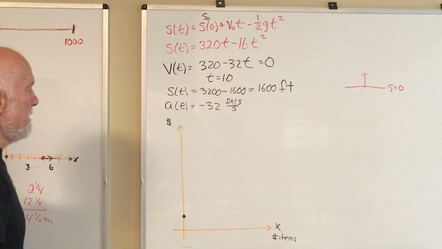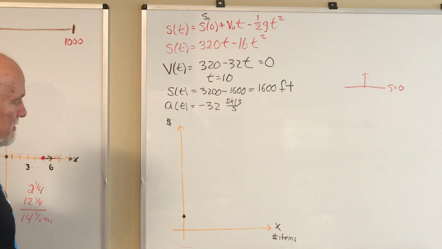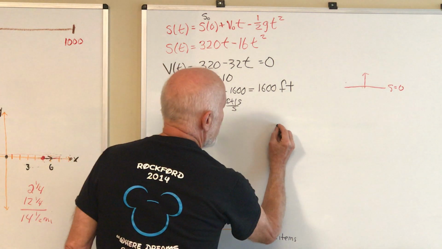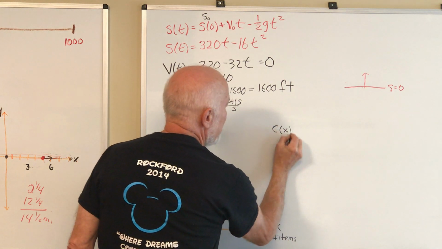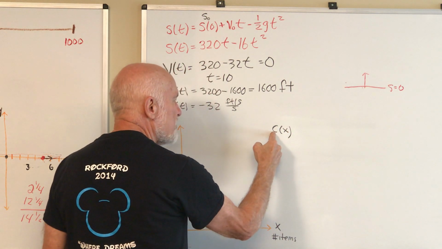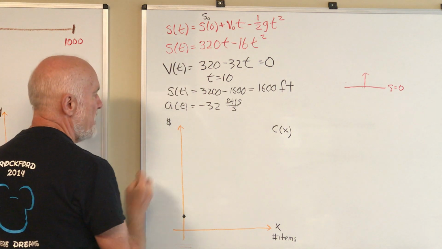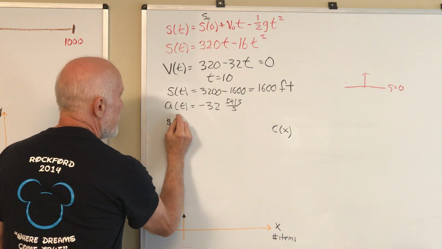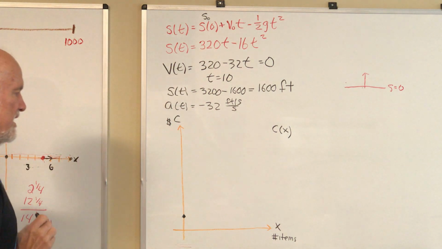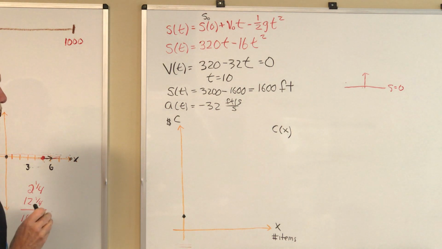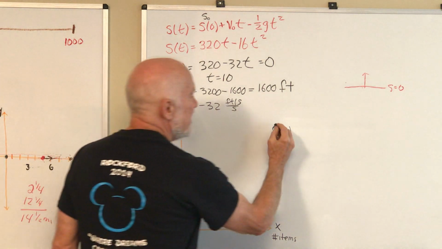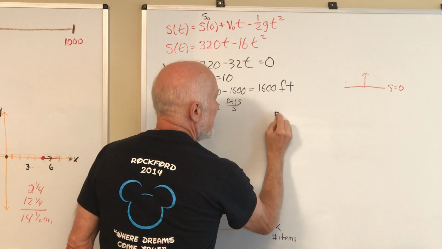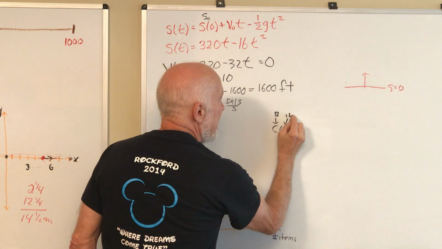Now, we're going to have some kind of function called the cost, which is a function of how many items you make. So we could call this variable C. Now, what happens if this is in dollars and this is in items?